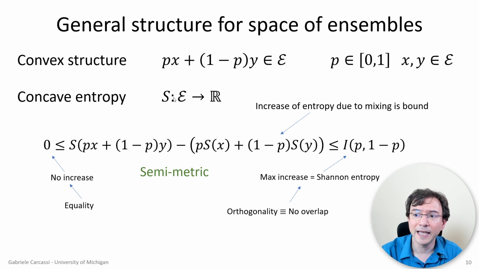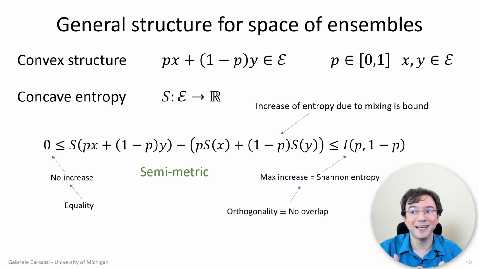And the important thing to me is that all these things are operationally defined, and they are physically either measurable or identifiable. We need to be able to look at an ensemble, do enough measurements to identify, oh, we have this ensemble instead of another ensemble. If we have a mixture, if we know that there are two ensembles that are being mixed, we can actually go and measure the probability that is being used for the mixing.